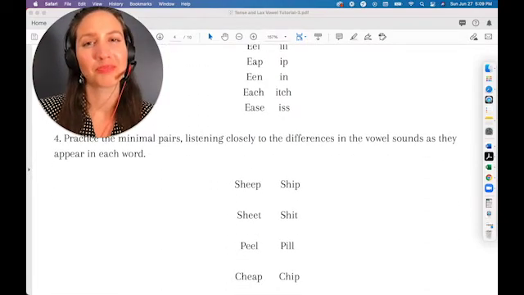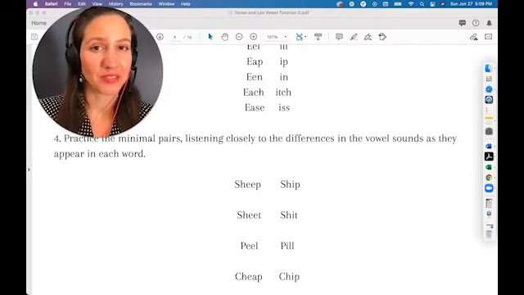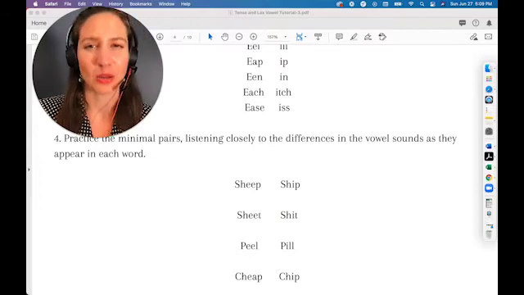Number 4. Practice the minimal pairs, listening closely to the differences in the vowel sounds as they appear in each word.